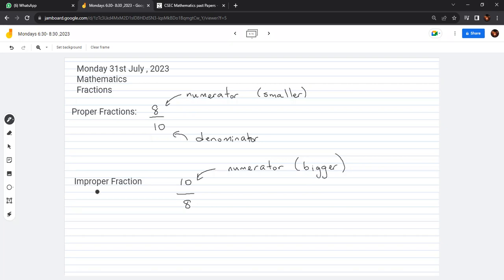Basically, a mixed number is going to have a whole number and then your fraction.